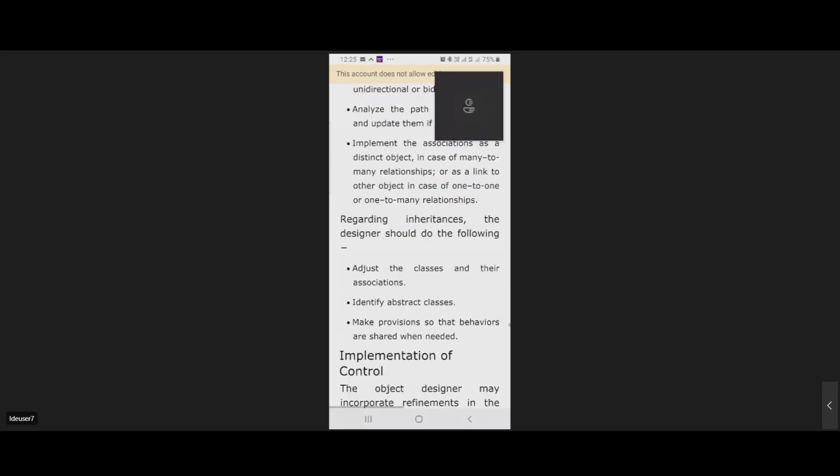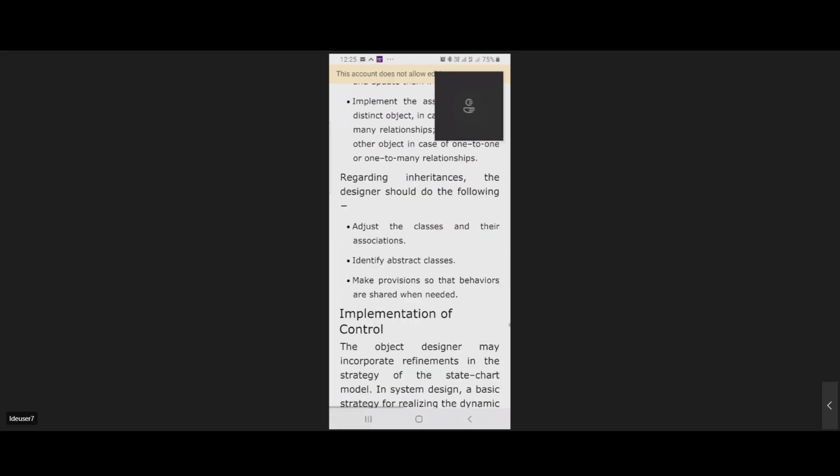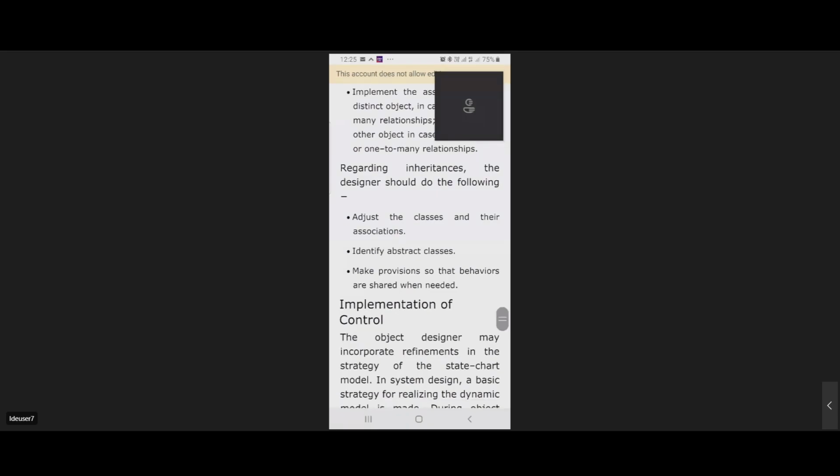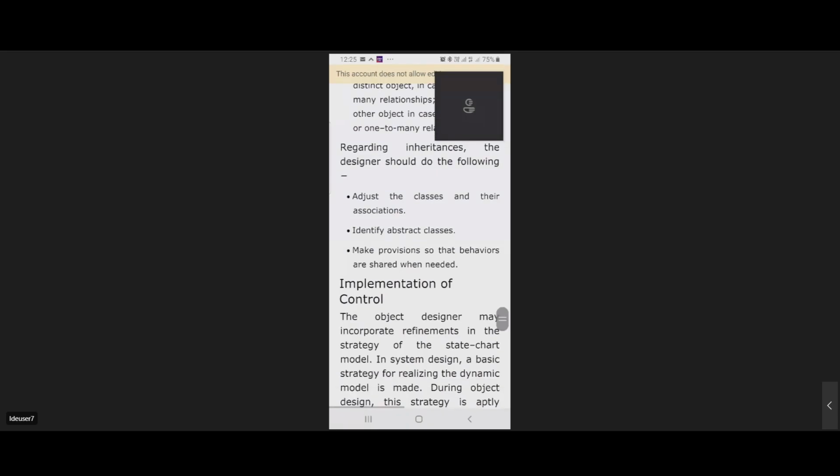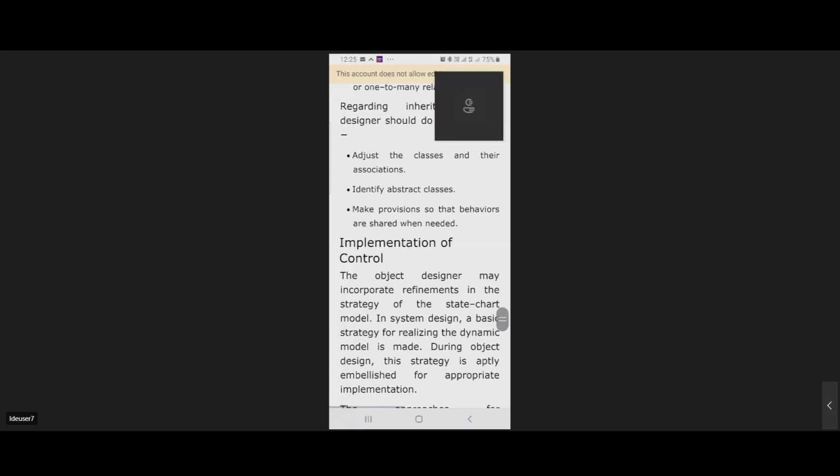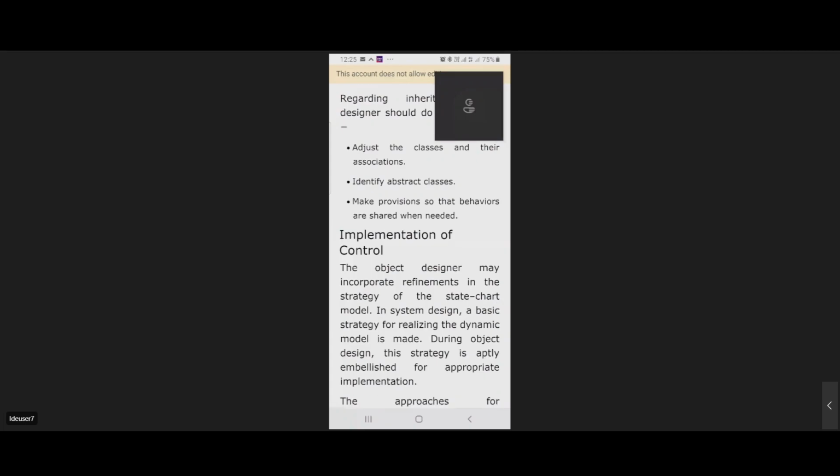Regarding interfaces, the designer should do the following: adjust the classes and their associations, identify abstract classes, and make provisions for behaviors. We know what an abstract class is. It is similar to an interface. An abstract class is meant only for inheritance.